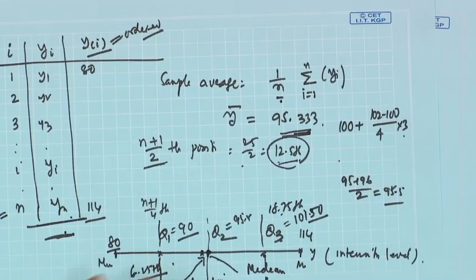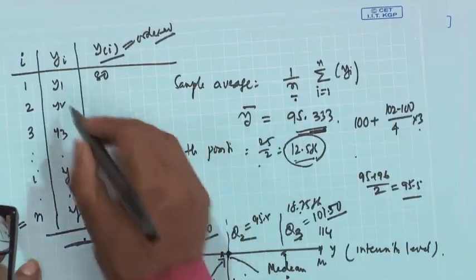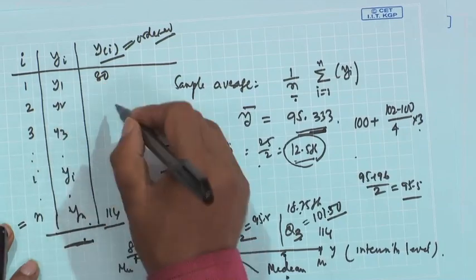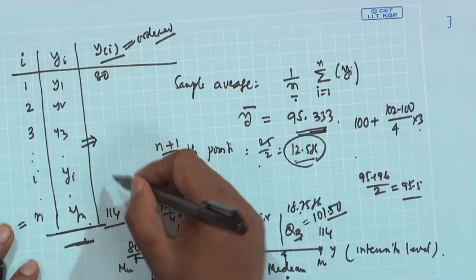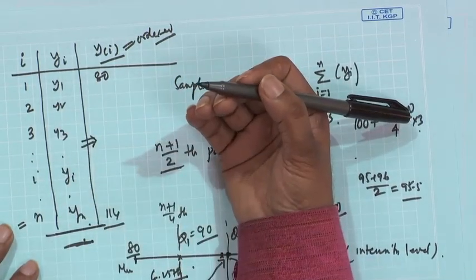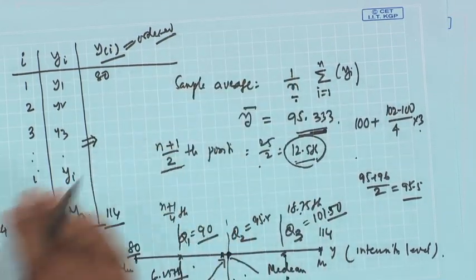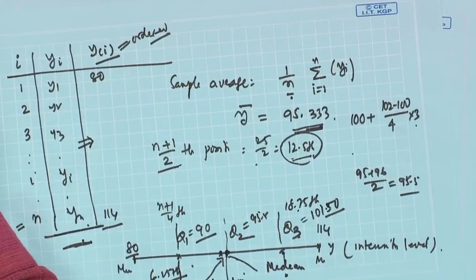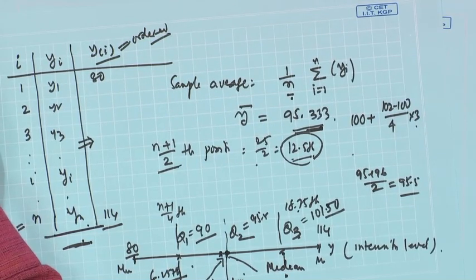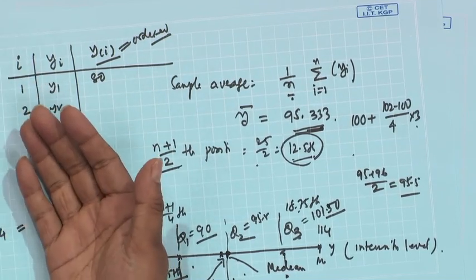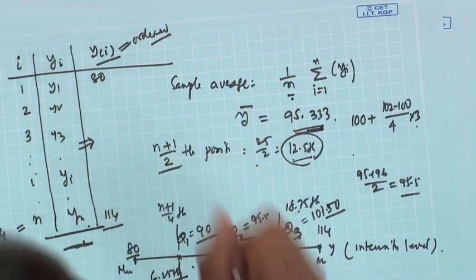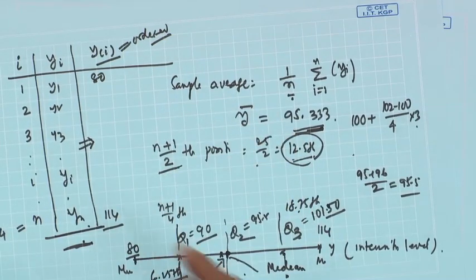Okay. Another one is mode. Mode is basically, suppose you see which data value is occurring the maximum number of times. So, if we see this data, 90 occurring twice, 92 occurring twice, then 96 twice, these three occurring twice, all other ones once. So, the maximum frequency is 2, and there are 90, 92 and 96.